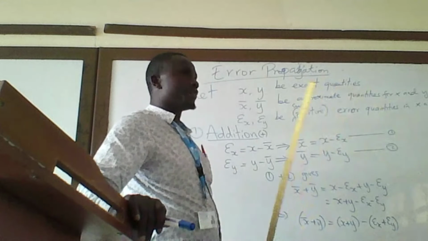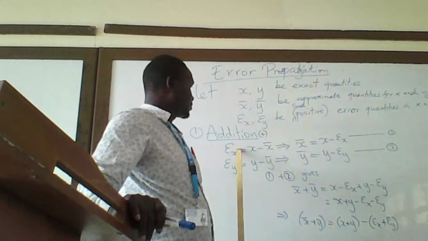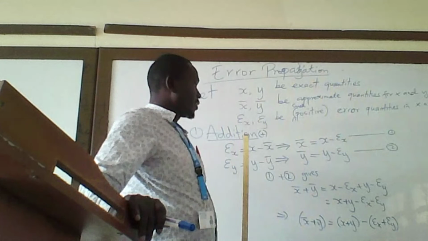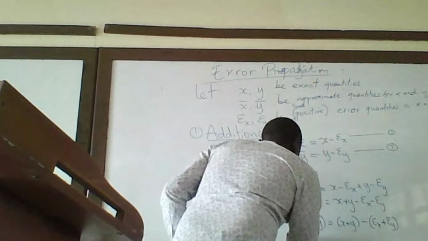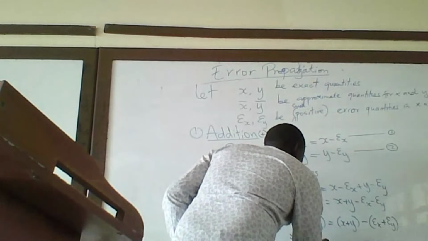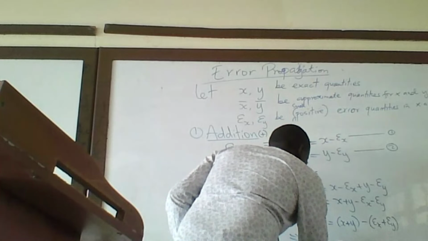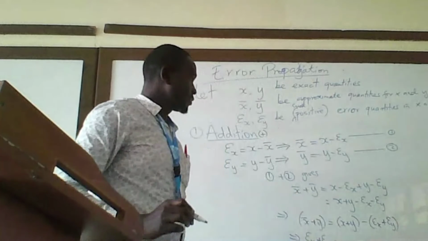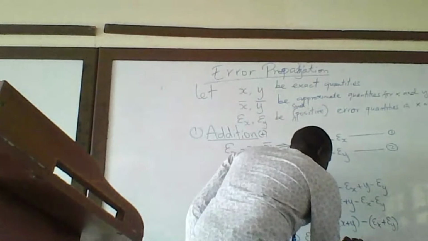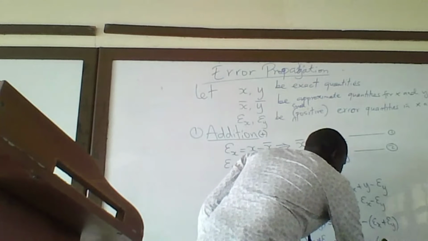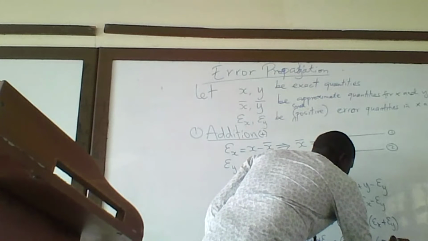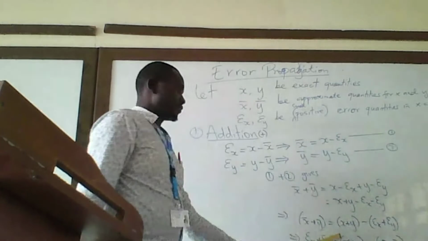Then let's talk this language here. We can say error in x plus error in y is the same as x plus y minus bar x plus bar y. Are you convinced?